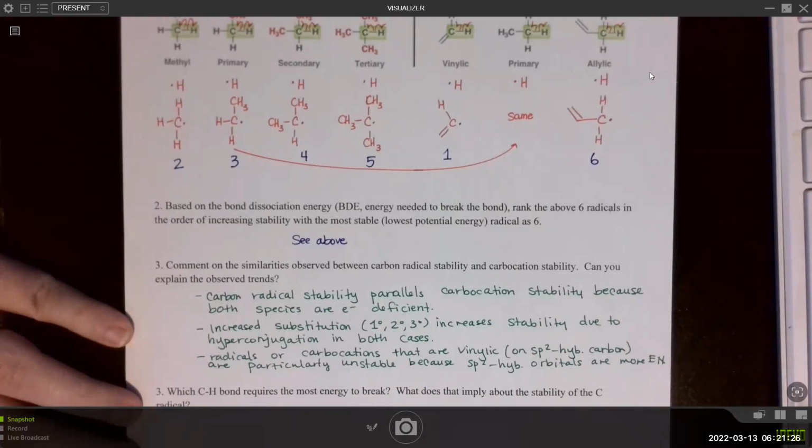Therefore, they don't want to stabilize electron deficient atoms very well.